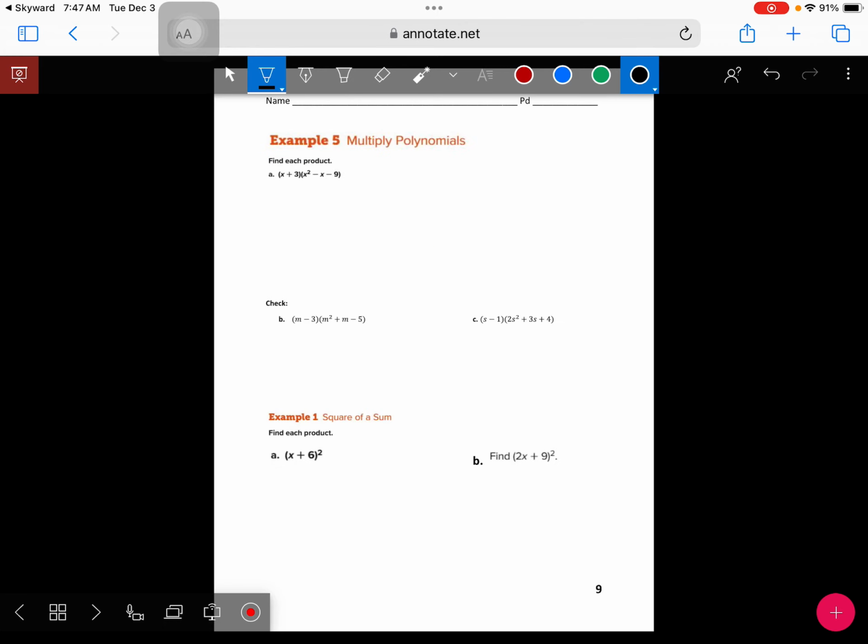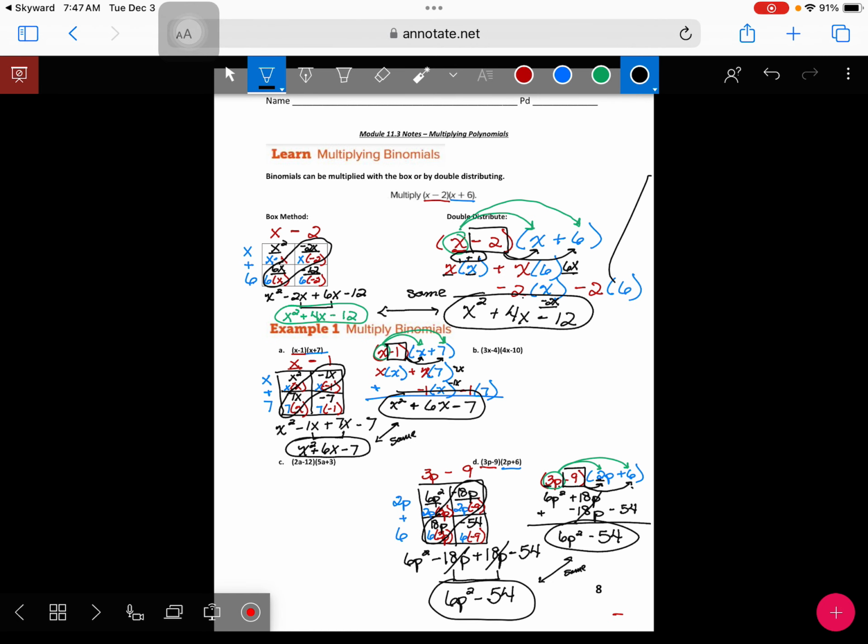Okay, so I'm going to stop there for today. You can now begin working on homework number 3. You should have a separate homework packet. Homework number 3 is due on Thursday.